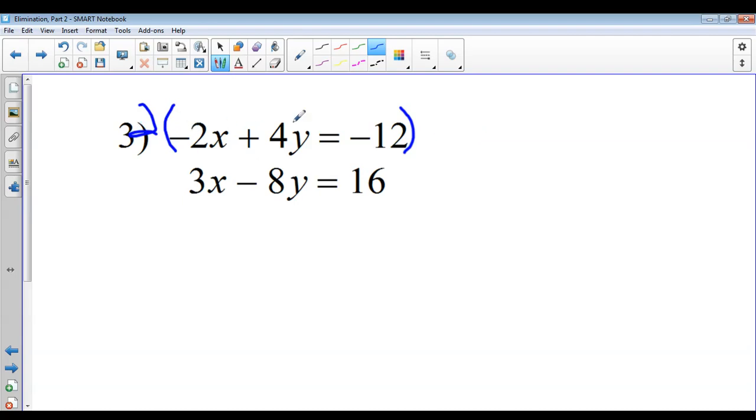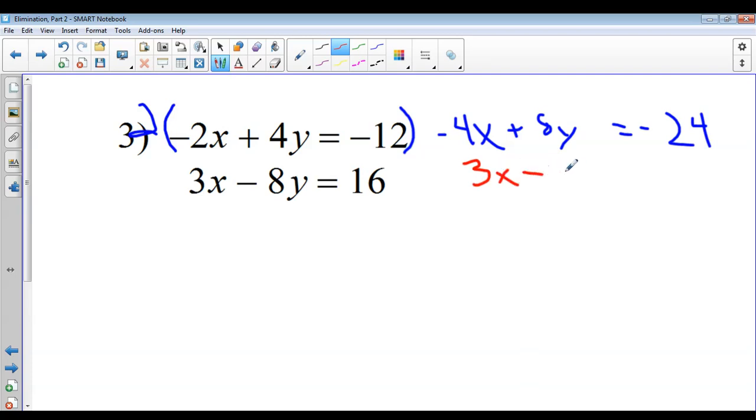So I'm going to just distribute. So I have negative 4x plus 8y is negative 24. The bottom row, I'm going to change colors. So you can see it's 3x minus 8y is 16.